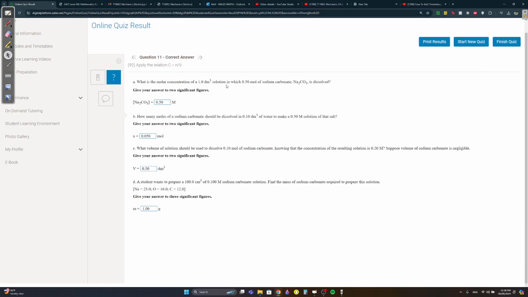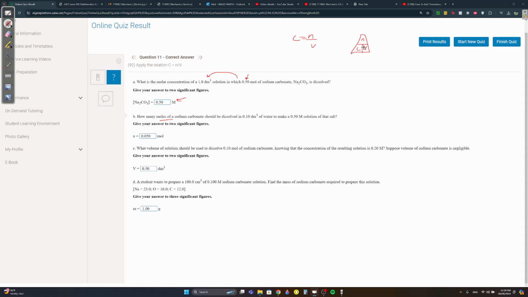What is the molar concentration of 1 dm cube in which 0.5 moles are dissolved? Let's put the triangle, C equals N over V. So the moles is 0.5, the volume is 1, 0.5 divided by 1. 0.50 is the concentration. How many moles?